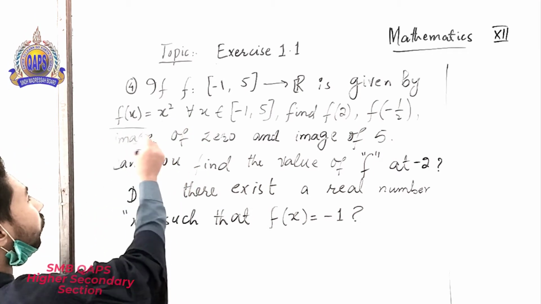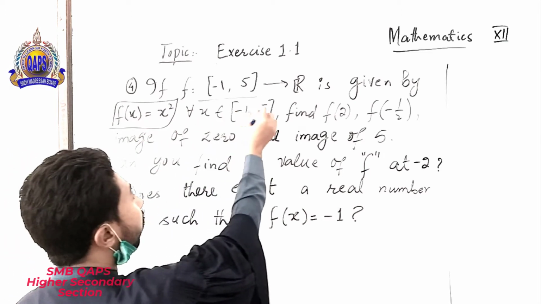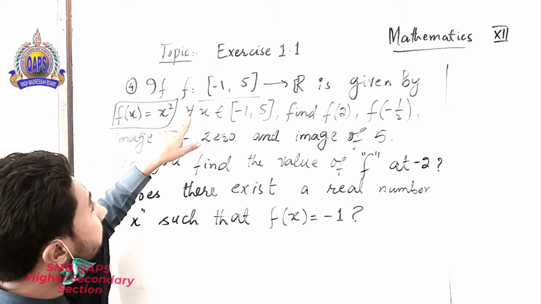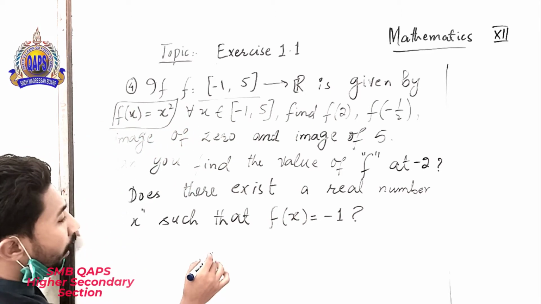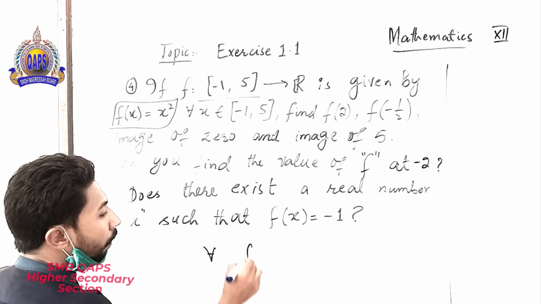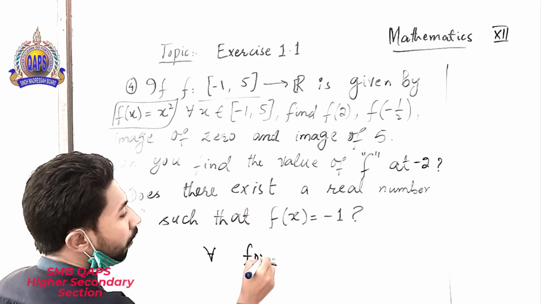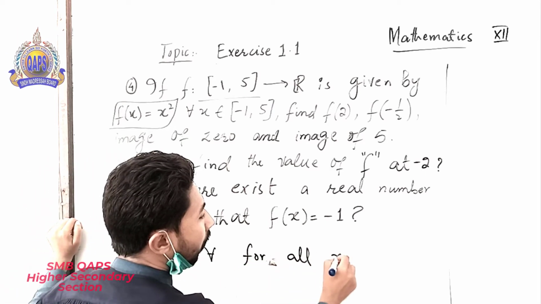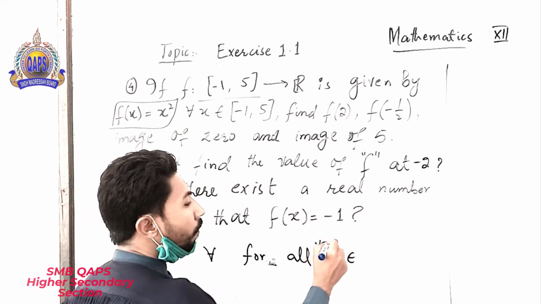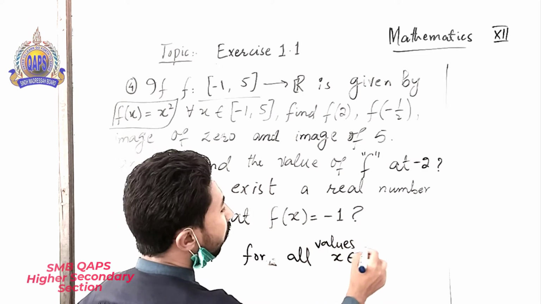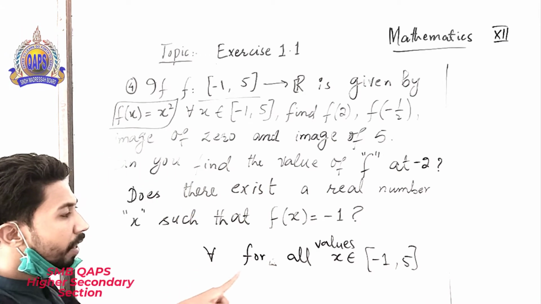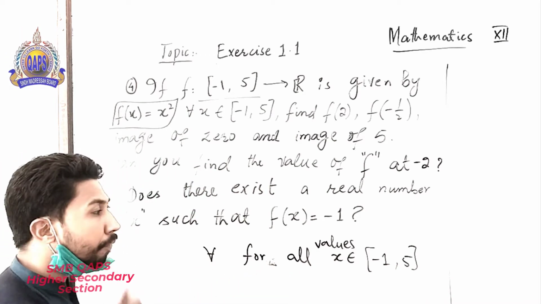This is the given function and this is our closed interval, and this symbol, the inverted A, represents for all elements of the set. So for all values of x belonging to the interval -1 to 5. So this symbol denotes for all values or for each value.